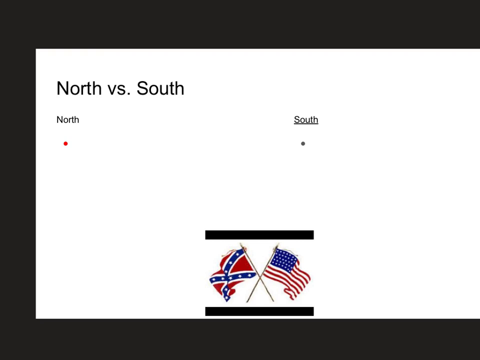Okay, so the differences between the North and the South. The North is known as the Union. And a little bit about the North is they overall had a larger population. They had more factories, so they could produce more goods.